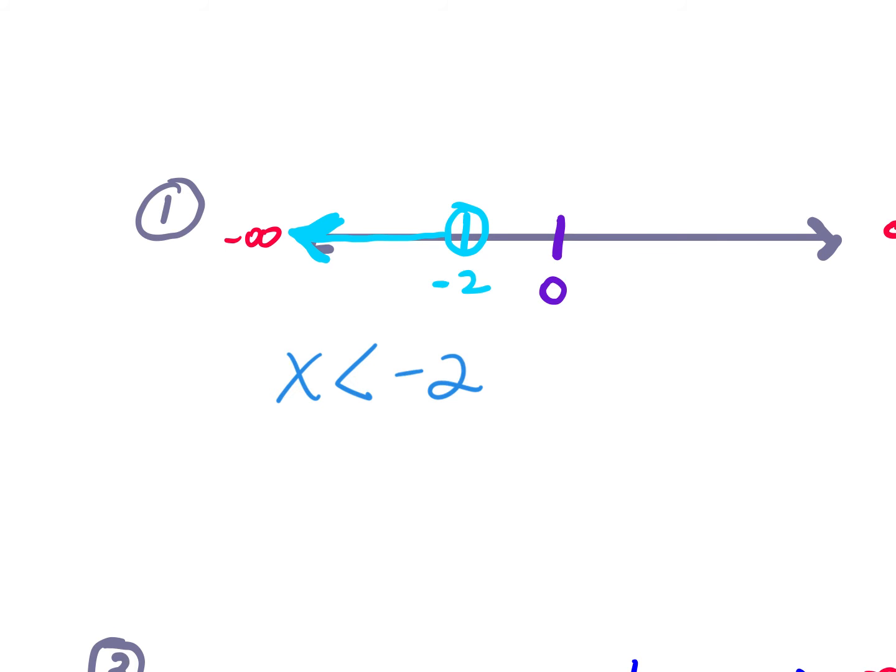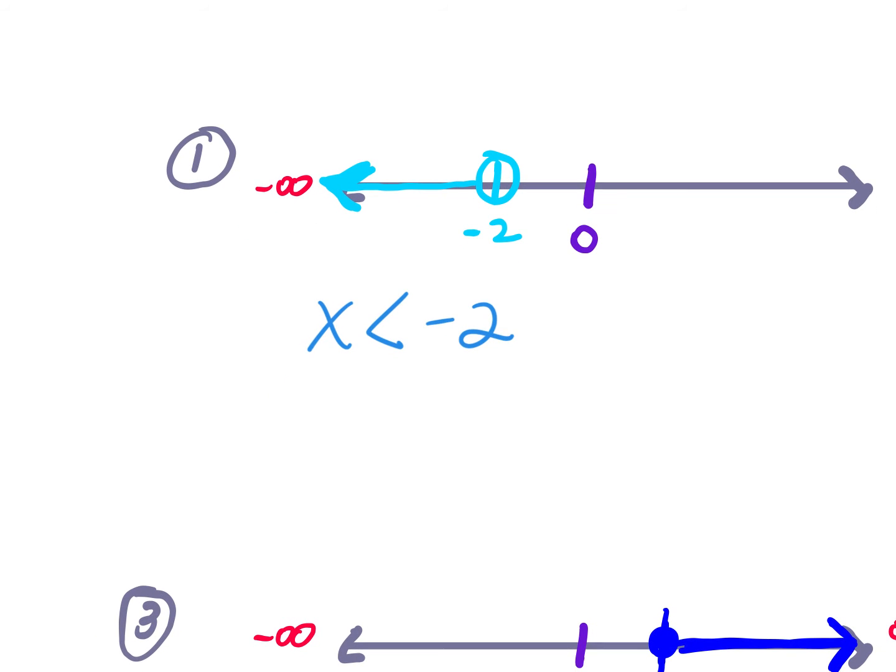If you're going to write your interval notation, which on your test will have a line that says interval notation, how do we read a sentence or a book? Left to right, correct? So we start over here at negative infinity and use everything all the way up to what number? Negative 2. Does it include negative 2? No. So what do I put on negative 2?